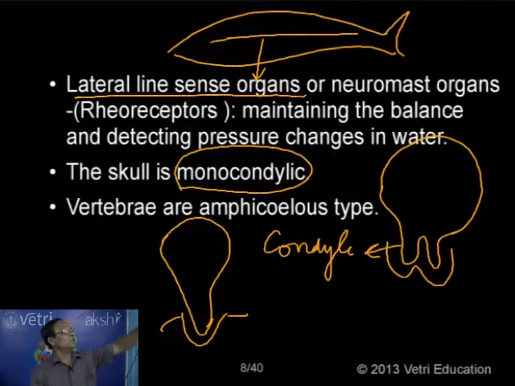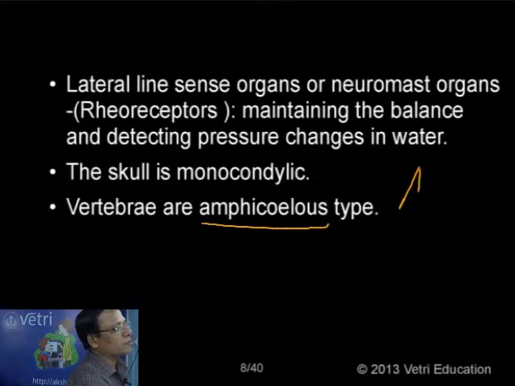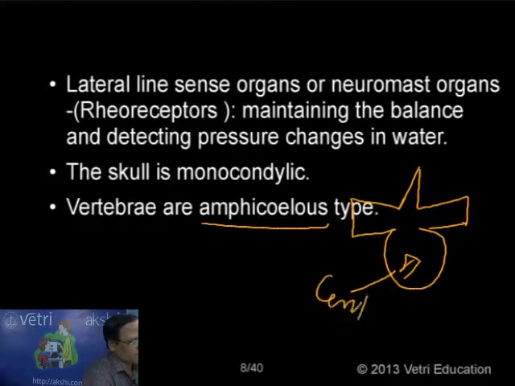Then the next one, the nature of the amphicoelus vertebra. You know that the vertebral column is formed of a number of small pieces of bones. This is a simple structure showing the vertebra, and this is the solid centrum.